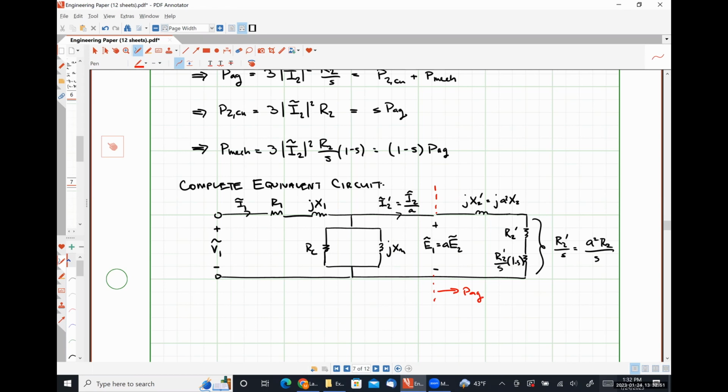All right, so there is one thing here that we have yet to talk about with regard to induction motors. Quantity A. So in a transformer, what did A represent? The turns ratio. Absolutely right. In an induction motor, A also represents the turns ratio, the turns ratio of the stator compared to the wound rotor.